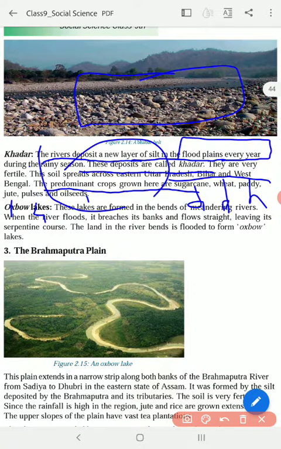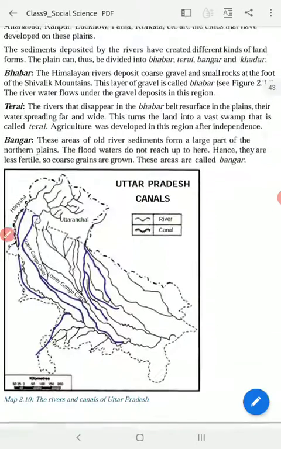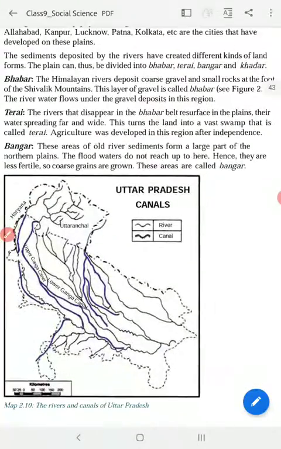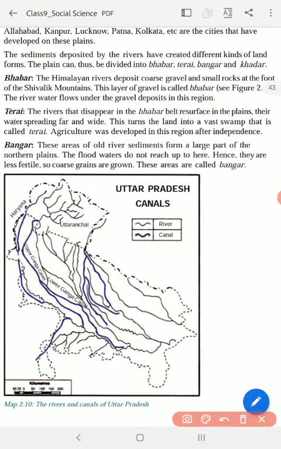So, what is the first stage? The first stage is Bhabar, where we don't have much fertile land. Here the river goes underground, but in the Terai region it resurfaces and makes the land more swampy, which actually makes it more fertile.